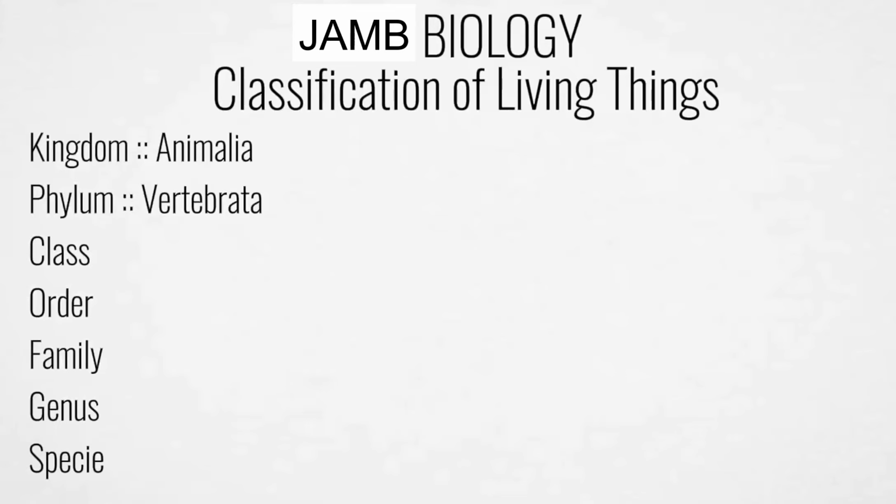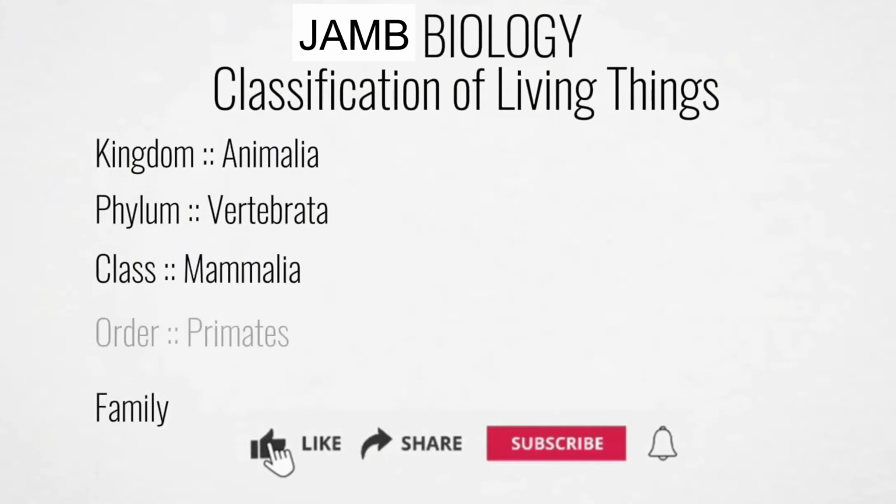The next on the hierarchy is class. Man belongs to the class Mammalia. Certain features exhibited by organisms in this class include possession of mammary glands and external ears. Man belongs to the order Primates.